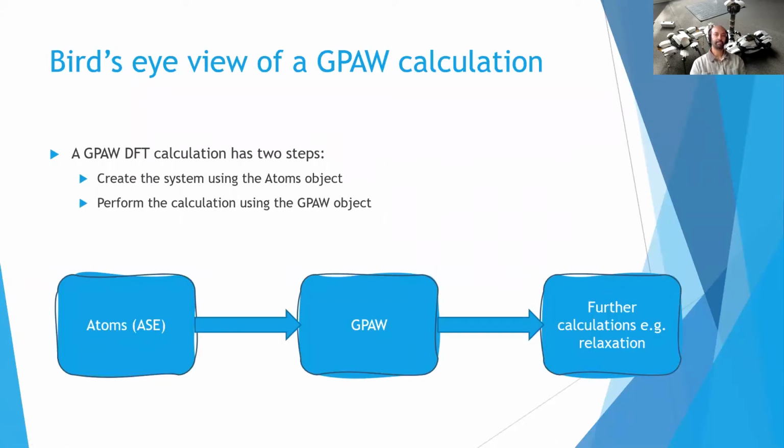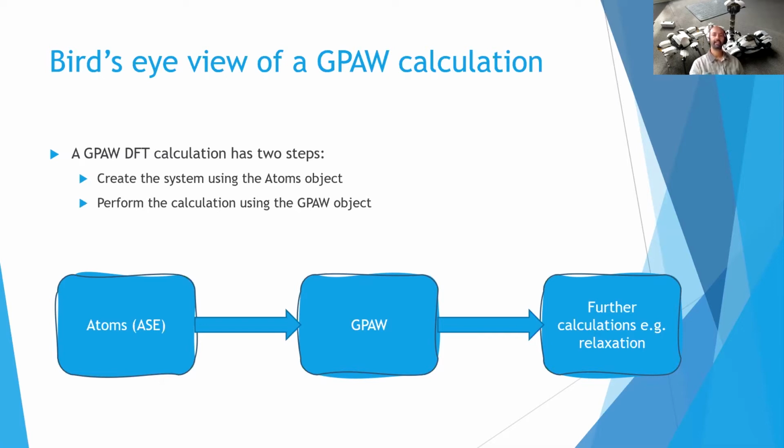So as I said, a bird's eye view of a GPAW calculation from above. GPAW uses ASE, as I said. So in GPAW, the workflow goes like this. First, you establish your system. You create your molecule, your supercell, your surface or whatever, using the Atoms class. The Atoms class is part of ASE, as I said, which is the helper code for DFT calculations.